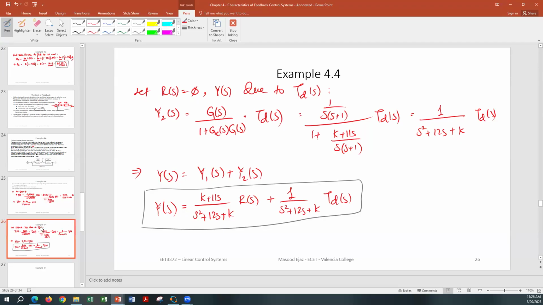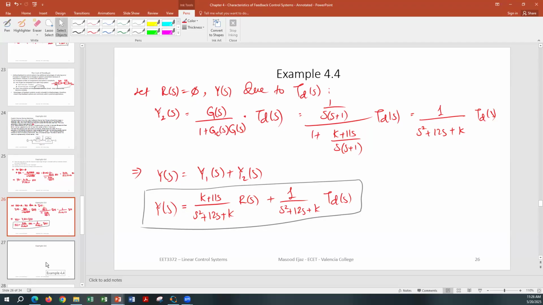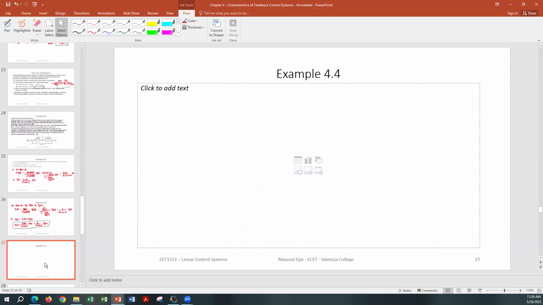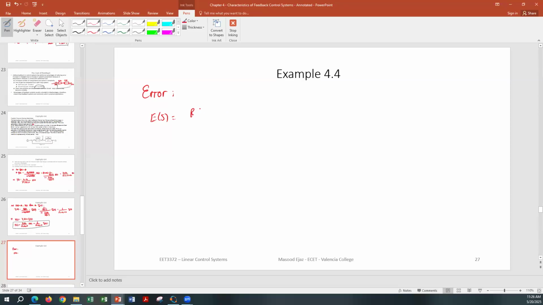Now, if we write down the expression for the error signal between the input and the output, let's do that as well because we have to minimize the error. E(s) is the difference, the desired angle minus the actual angle.